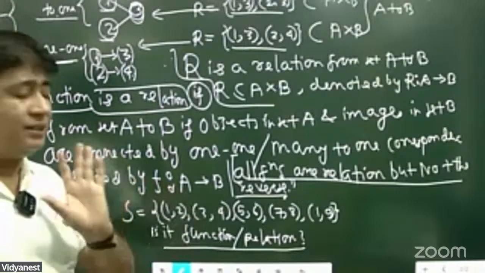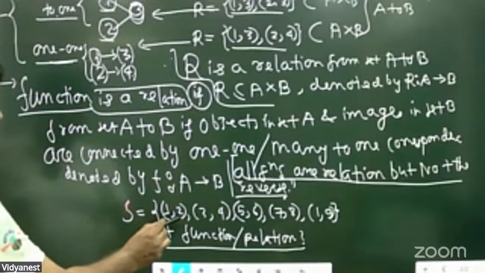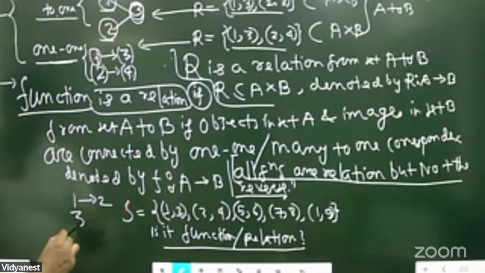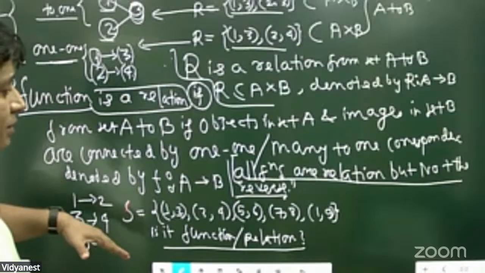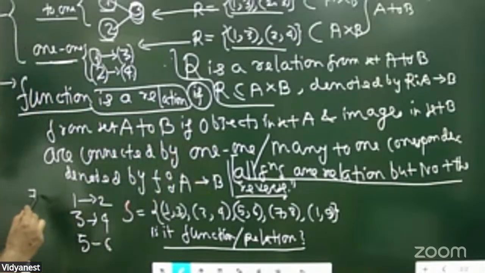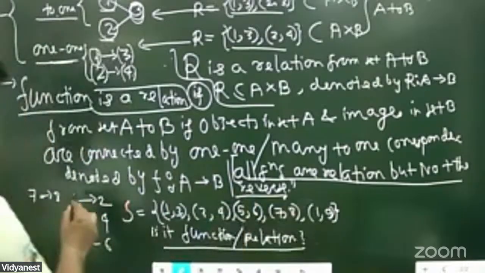How to recognize that? You see the ordered pair x comma y. X goes to y. 1 to 2, 3 to 4, 5 to 6. So till now it seems to us 1 to 1 means function. 7 to 8, but the system is broken. Again 1 to 9.